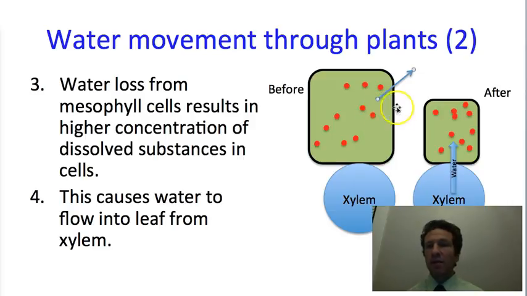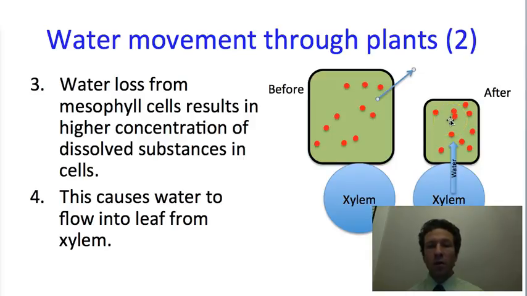That means that after a period of time of water loss, we are going to end up with a smaller volume inside the cell and the same amount of solutes. If that is the case, what we have effectively done is increase the solute concentration inside the cell. Same amount but smaller volume, and so it's a higher concentration.